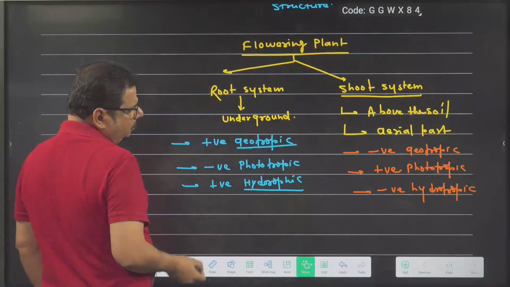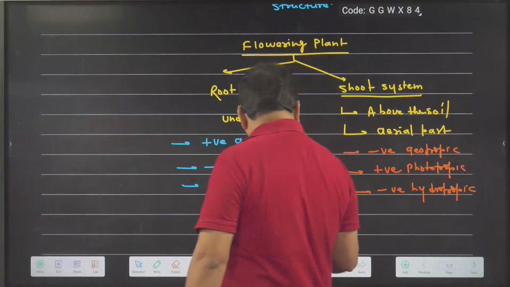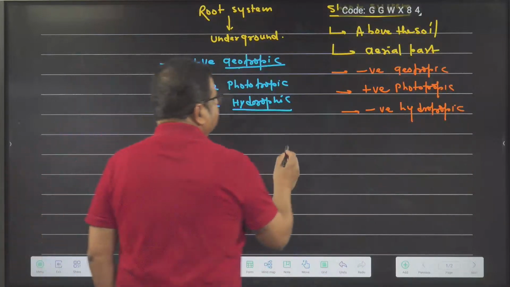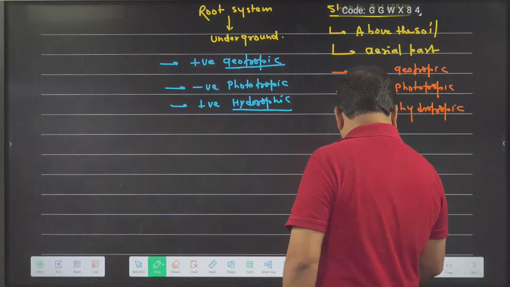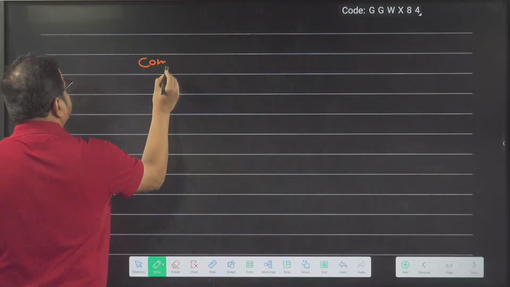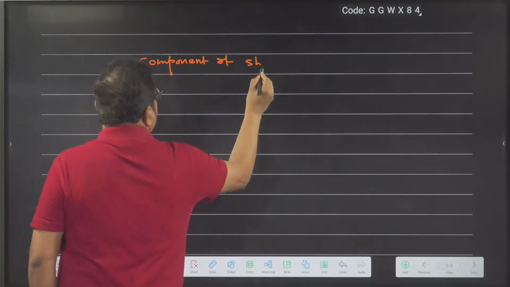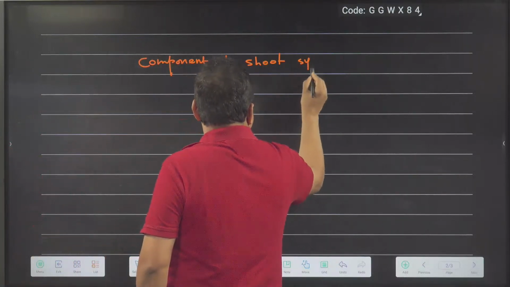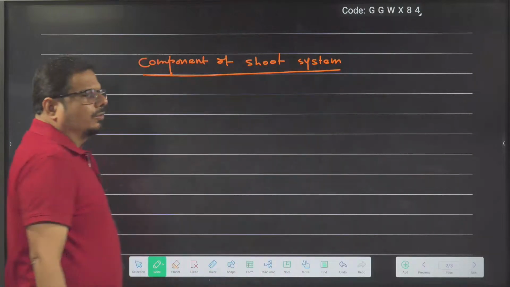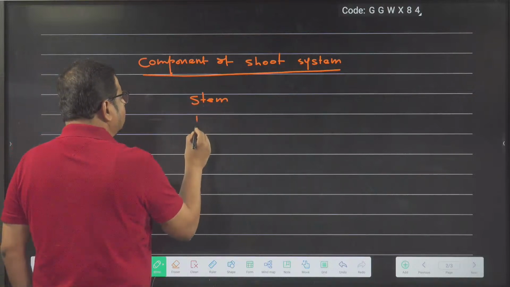Now, if I ask a question of you people, tell me what are the components of the shoot system? I am changing the slide, it is better. Components of the shoot system. So you can say some of the components of the shoot system are stem, branches.